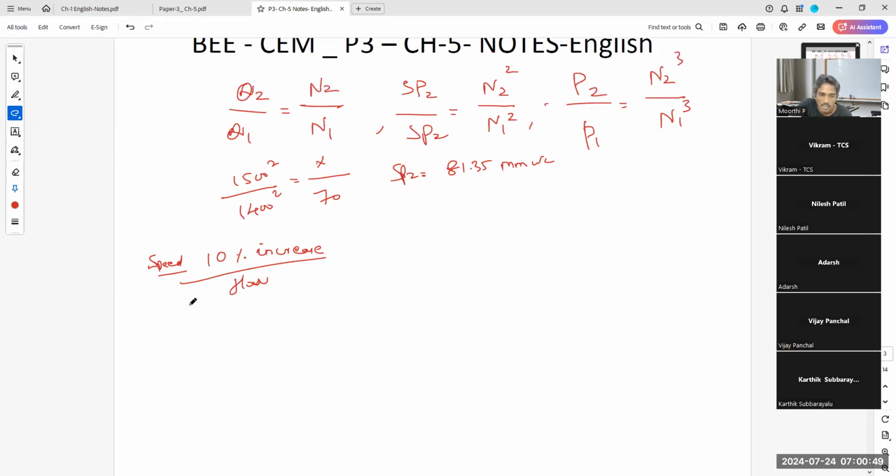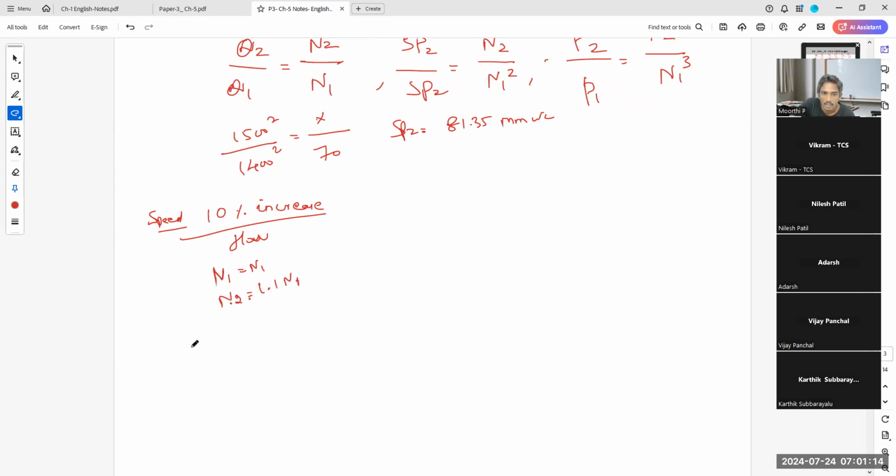How to calculate this one? Simple. N1 equals original value. N2 is a 10% increase, so 10% means 1.1 times N1. Understand this one? N2 equals 1.1 N1. Then you have to put the value in the equations.